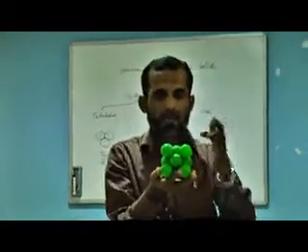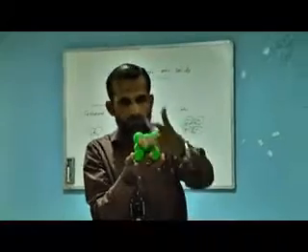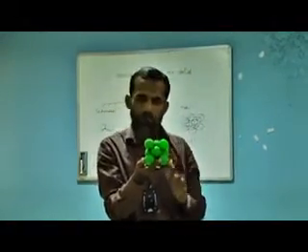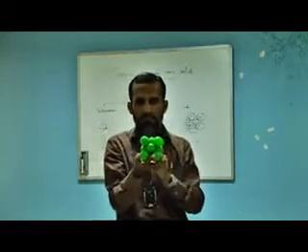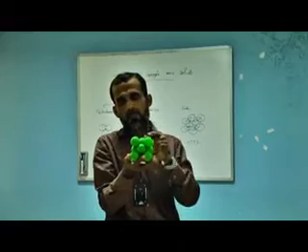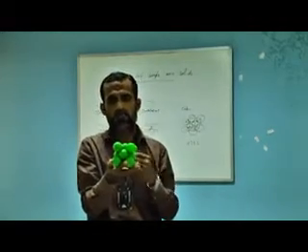So if you calculate 1/8 × 8 corners plus 1/2 × 6, it is 4. So effectively in this unit cell there are only 4 particles, and you can see there are 8 tetrahedral voids.